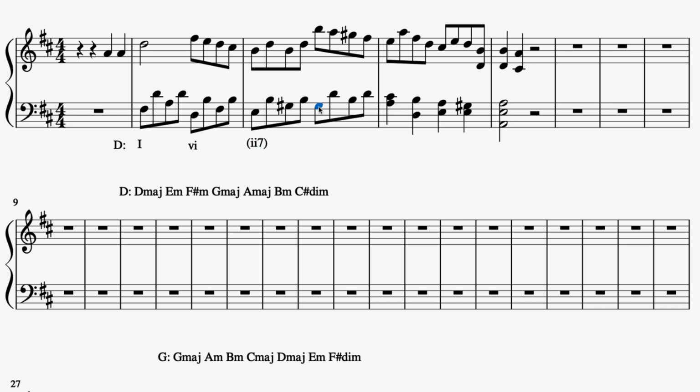So we have D, G, D, B. G, B, D is a G triad. Another D, B, G sharp. Oh, still G sharp, I forgot. So G sharp, B, D. Is there a 7th here? G, B, D, F sharp.